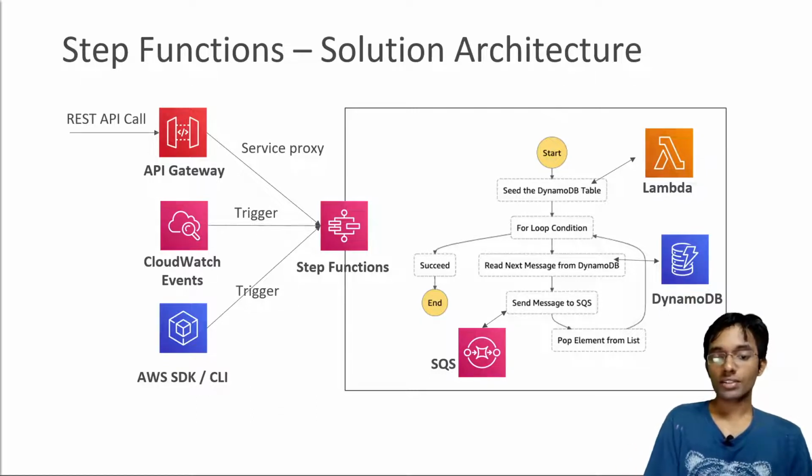Obviously all these steps could also be Lambda functions, but the more deeply integrated your Step Function is going to be with AWS services, the faster your execution is going to be and the less cost you are going to incur. So this is a very simple example, but you can see that a Step Function can get quite complex.